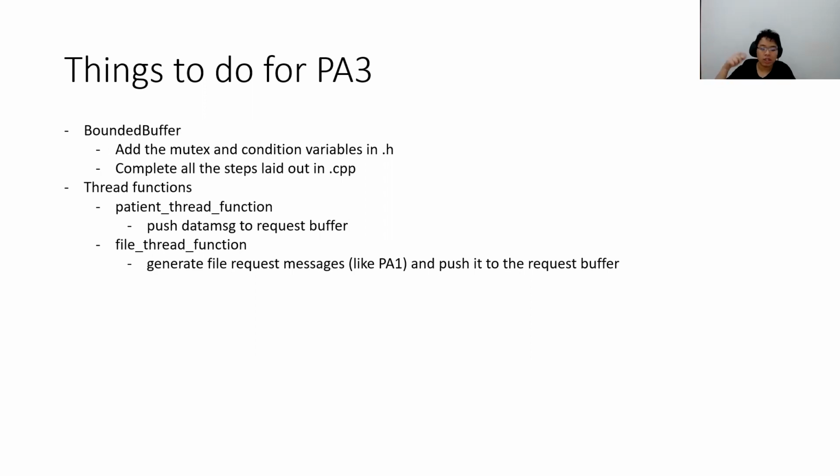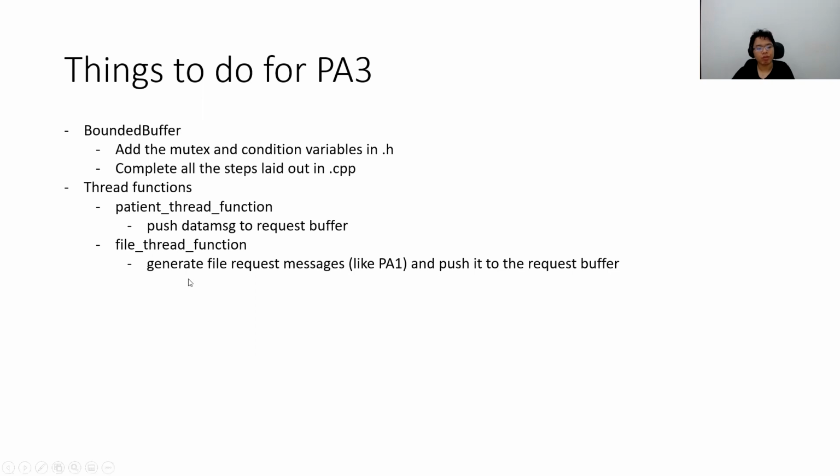In this case, the patient thread would just do the data message generation and push it to the request buffer so that the worker could pop it, send it to the server, receive the data, tag the patient number into each data value, and then push it into the response buffer so that the histogram thread can pop it and display it to the histogram.